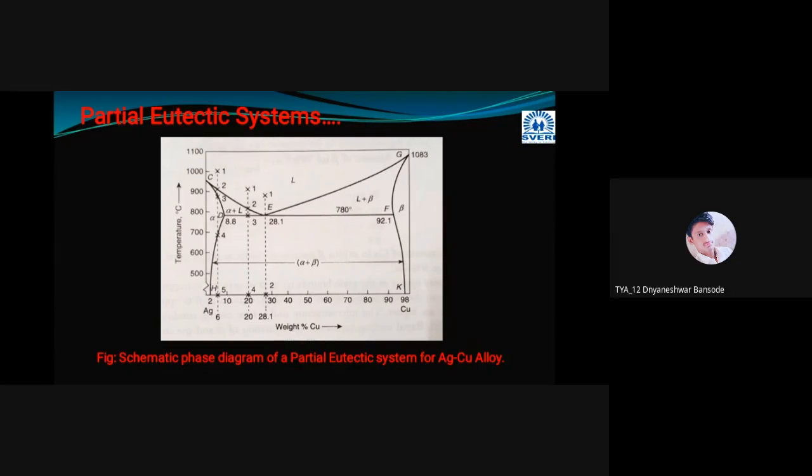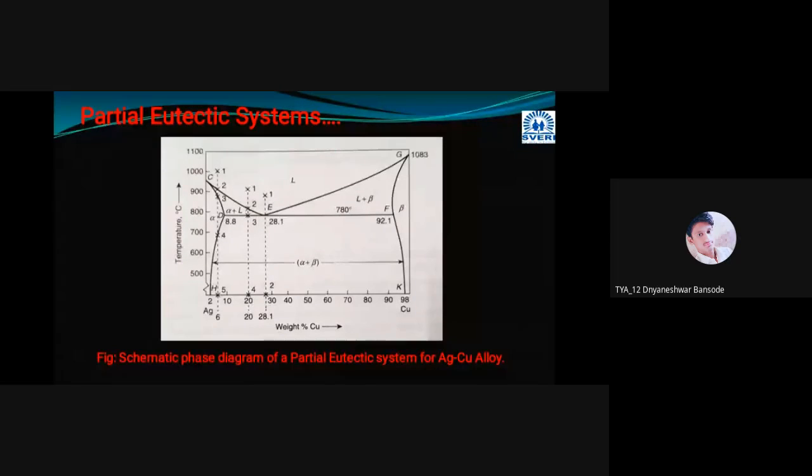That's why the part on the left hand side you can take as hypoeutectic alloys, and the part towards the right hand side of point E, you can take as hypereutectic alloys. Then you can see the leftmost corner of the diagram and the rightmost corner.